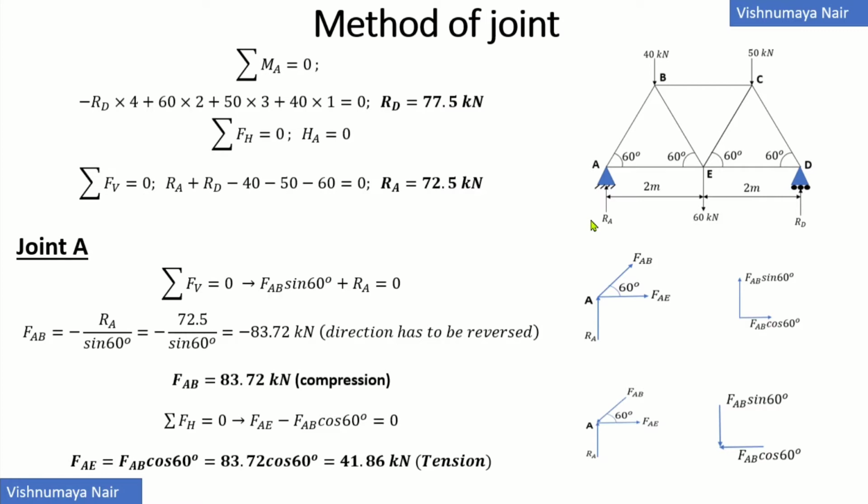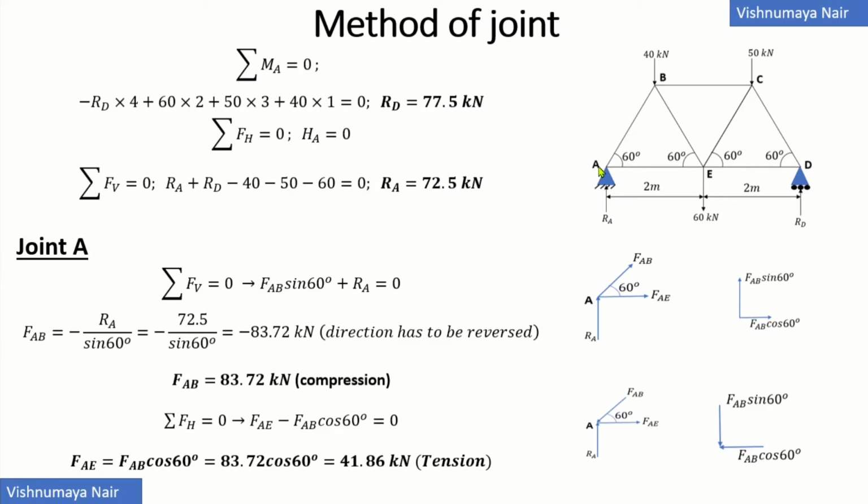So RA plus RD minus 60 minus 40 minus 50 will be equal to 0. Here we have considered all the upward forces as positive and downward forces as negative. Now from this equation we can get the value of RA. So RA will be equal to 40 plus 50 plus 60 minus RD, which is equal to 72.5 kilonewton.